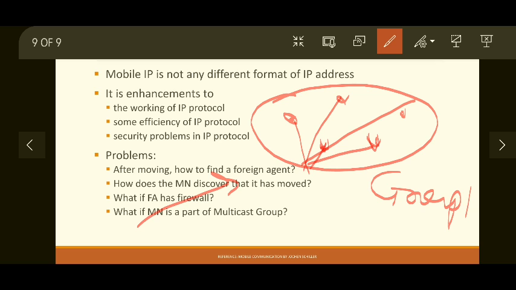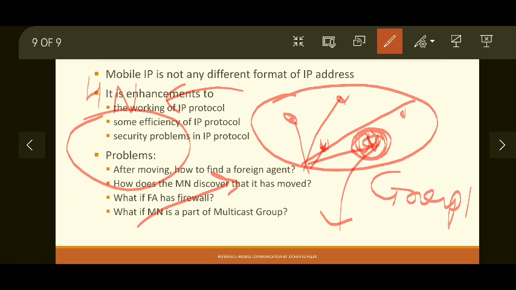Now what's the problem if a mobile node is part of a multicast group? Let's assume this multicast group is of the home network. There are 5 nodes in this multicast group. A packet arrives. 4 of them remain in the home network, but one of them, let's assume this one, moves out of the home network and goes to the foreign network.